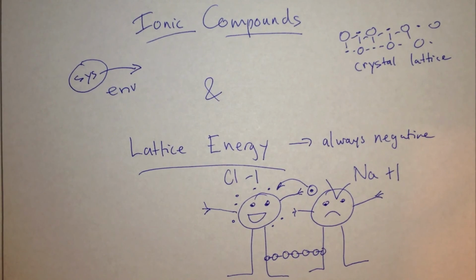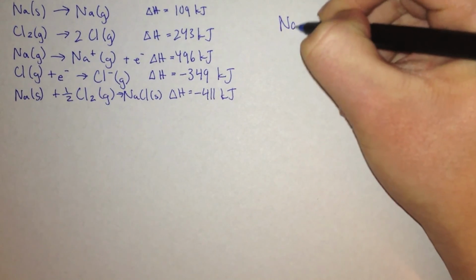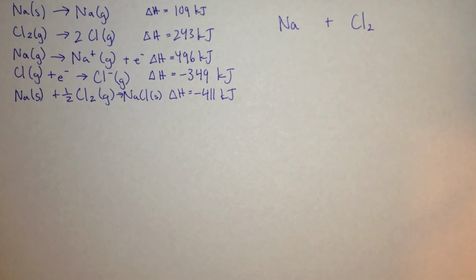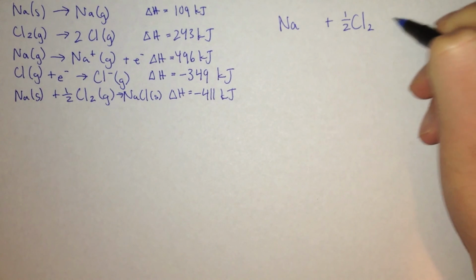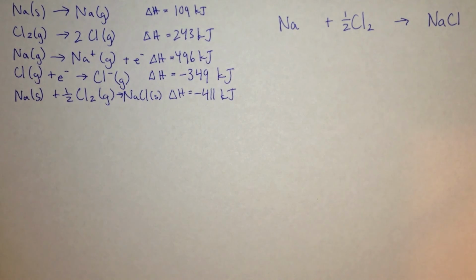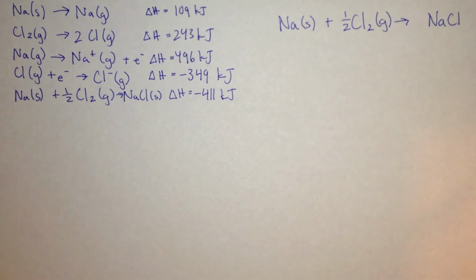With that in mind, let's try to write an equation for the reaction between sodium and chlorine. Sodium comes as a solid, and chlorine comes as a gas, and in the end we want a solid NaCl, solid salt.